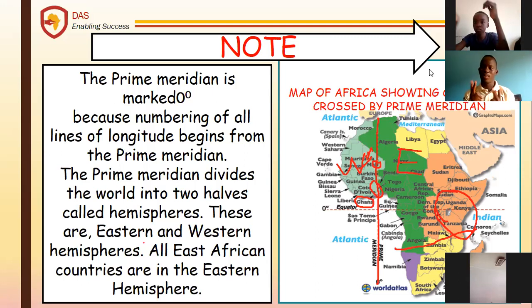Then the 2 created by the prime meridian are the eastern and western hemispheres. So we are called East Africa because we are found in the east of the prime meridian. Wonderful. Let's go on.